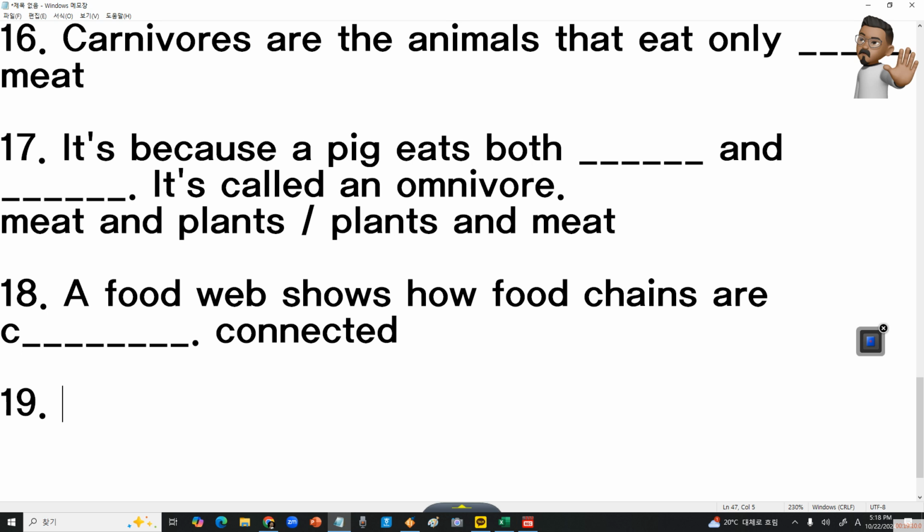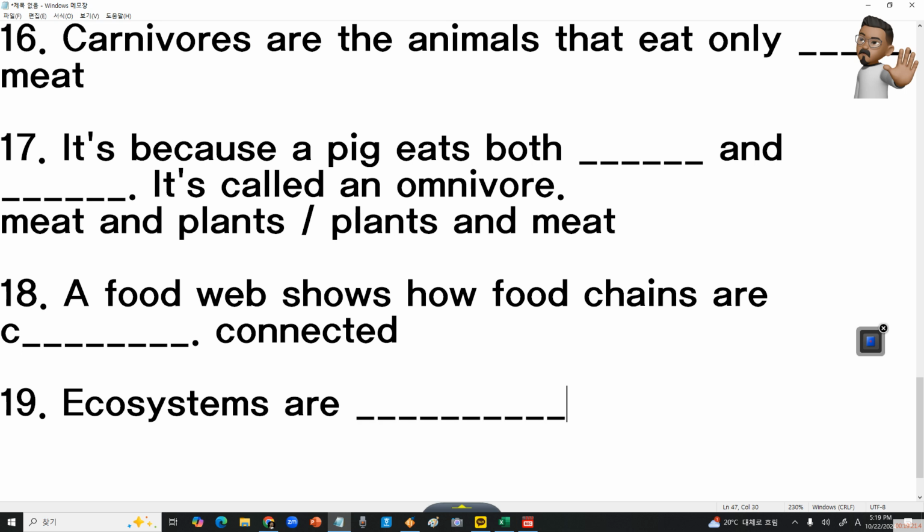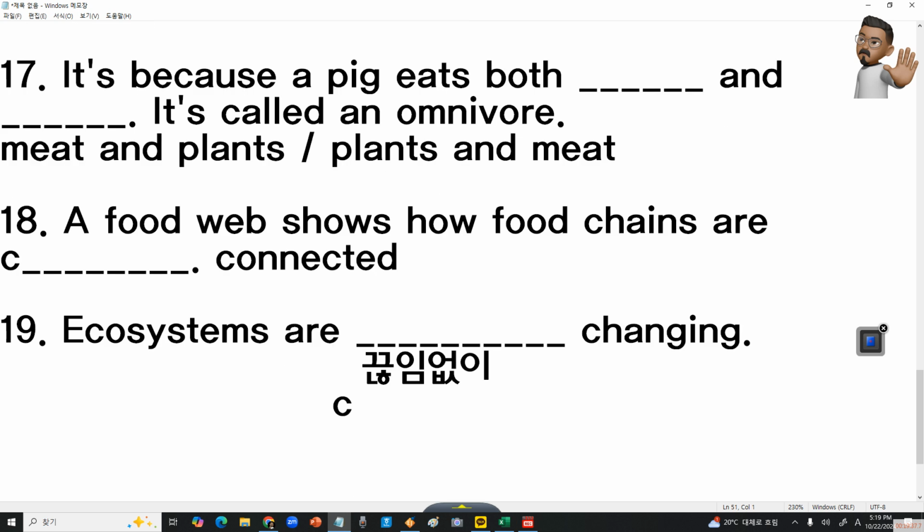And ecosystems never stay the same. Ecosystems are blank changing.